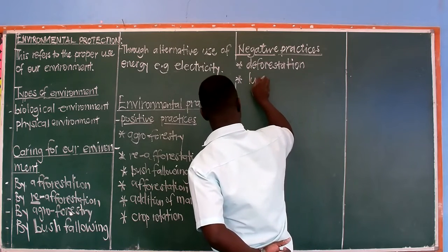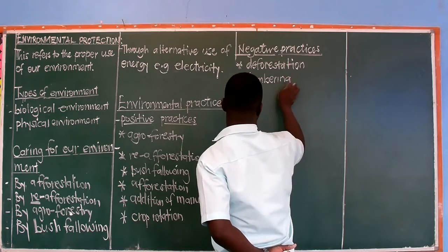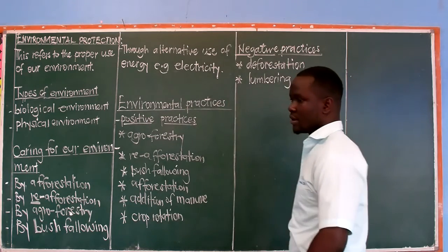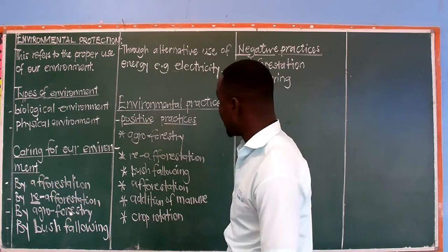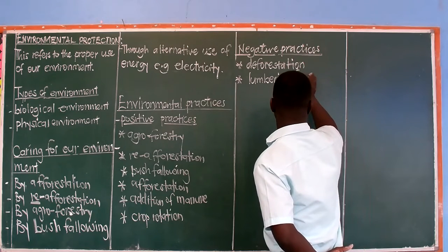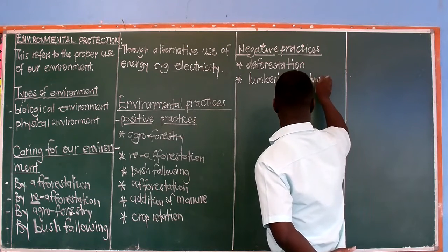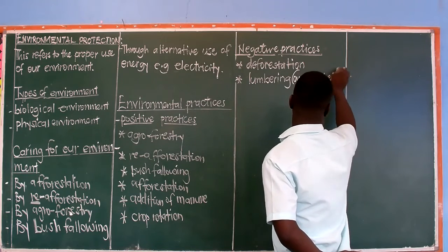Two, lumbering. And it becomes dangerous when it becomes over lumbering. Selective cutting of mature trees for timber, and if it's done on a large scale, I want us to make it as over lumbering. That is the one which is very deadly. It becomes too much on a large scale.